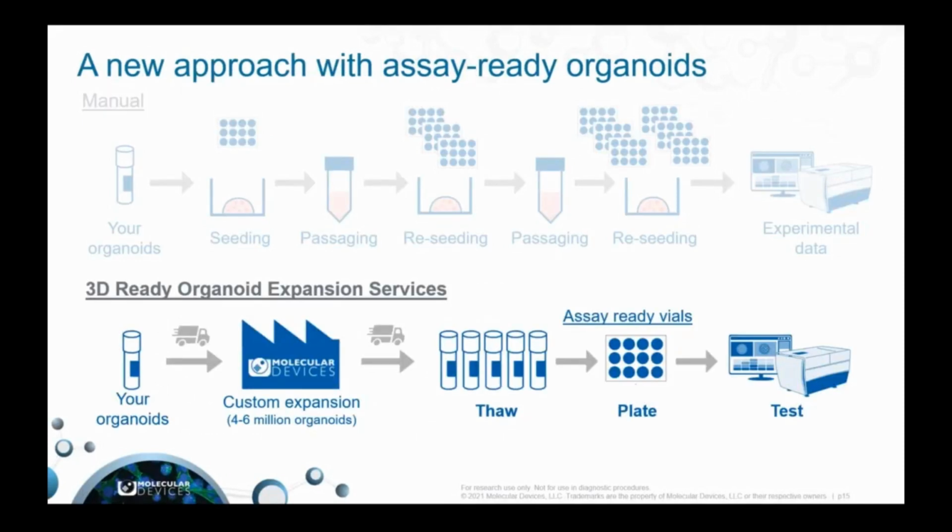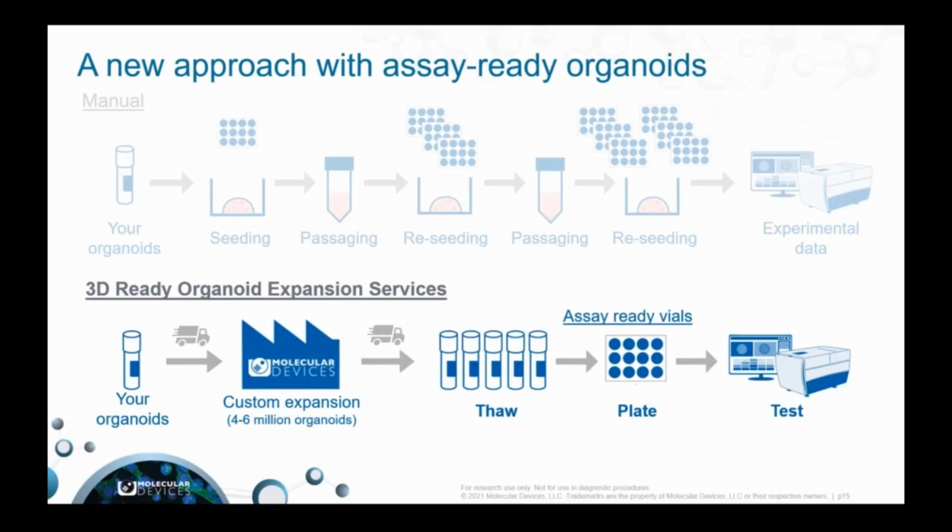As an alternative to this, we can offer organoid expansion services where we take your organoids and expand them in our proprietary bioreactor technology and then provide them back to you in a frozen assay-ready format. This technology can produce upwards of 6 million organoids in a single batch.